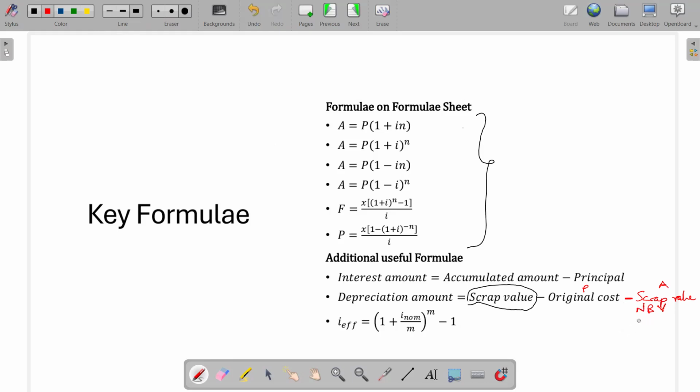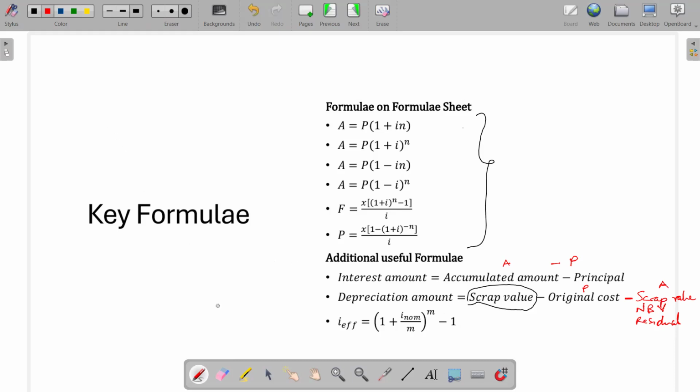They can also use other different terms, or residual value. So you have to know that the depreciation amount is P minus A, whilst the interest amount is A minus P.